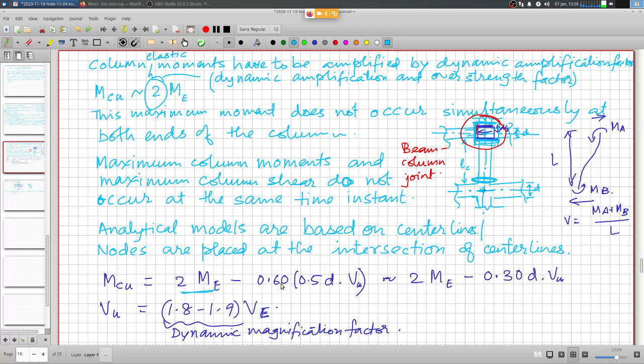So we assume that it is acting at 60% of its maximum. That comes out to about 0.3 times dV. And this V is the ultimate shear force, that is again based on elastic forces that we compute and multiplied by the overstrength factor and the dynamic amplification factor. So total is again roughly 1.8 to 1.9.